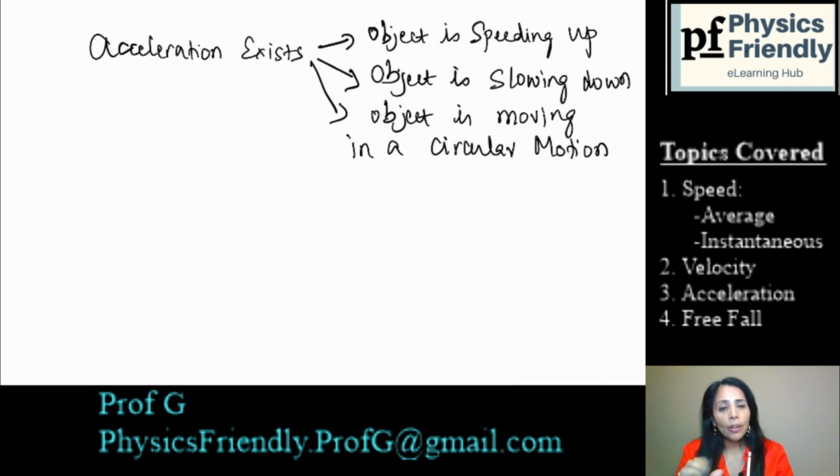But how about if the object is moving with uniform velocity or uniform speed? We have cruise control in the car, and you have that switch which turns on that cruise control, and as soon as the cruise control goes on, do you hit the gas pedal or brake? No, right? Object is actually moving with a constant velocity. You're not hitting the accelerator pedal.